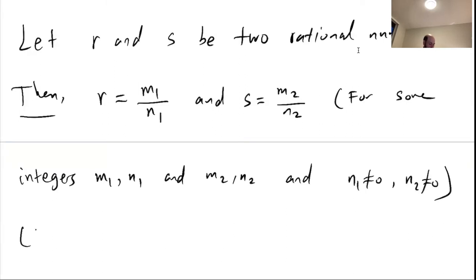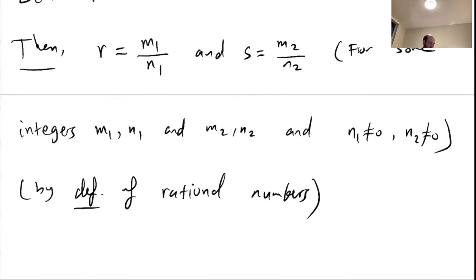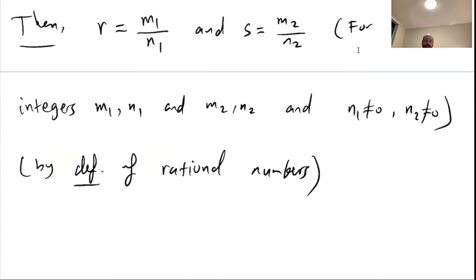So this is by the definition of rational numbers. Any rational number can be written of the form M over N, where M and N are integers, and the denominator is non-zero.